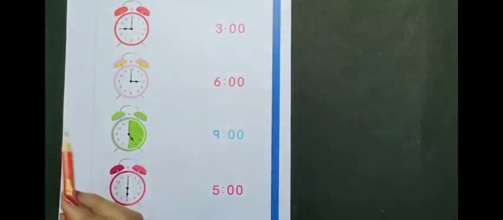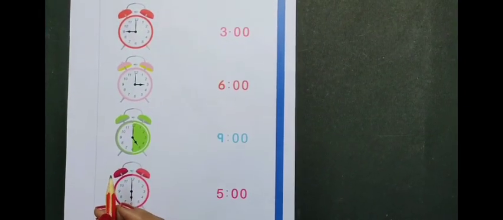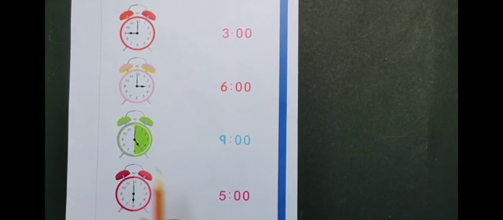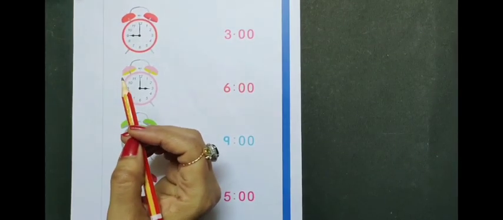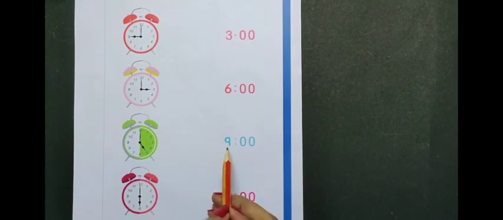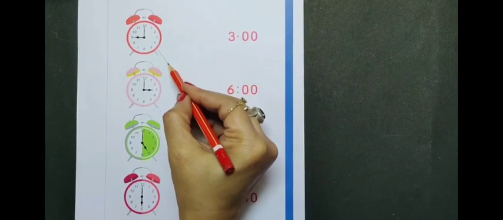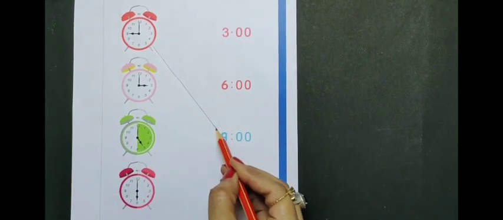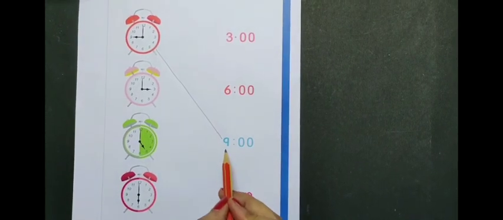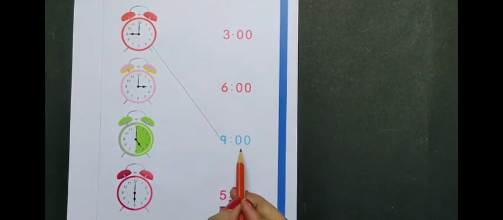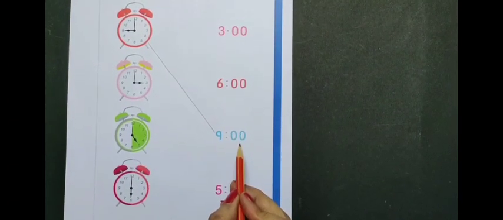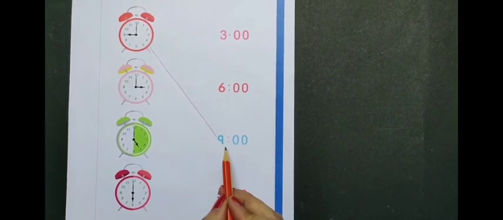So, can you tell me what is the time? Yes, it is 9 o'clock. So we will match the first clock to 9 o'clock. So 9 o'clock is 9 and 2 zeros. 2 zeros indicate the minute and before the dots is the hour.